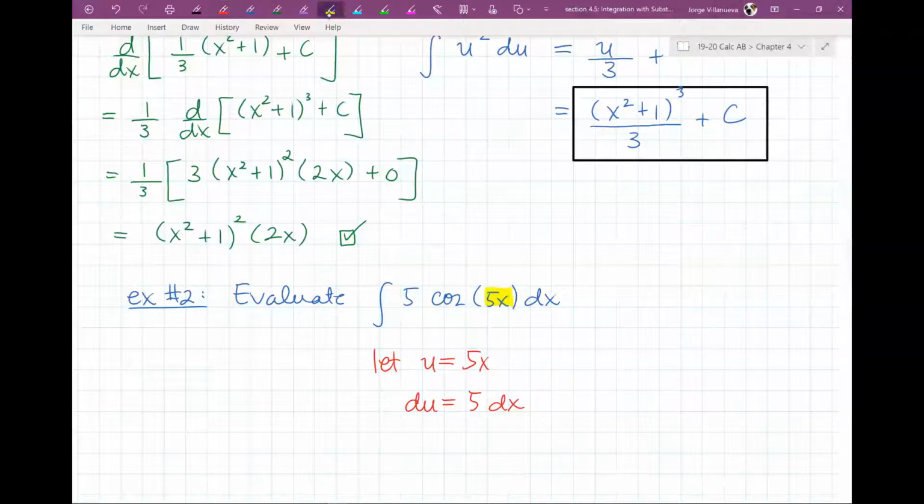So notice 5x, 5x, 5 dx, here it is, 5 dx.